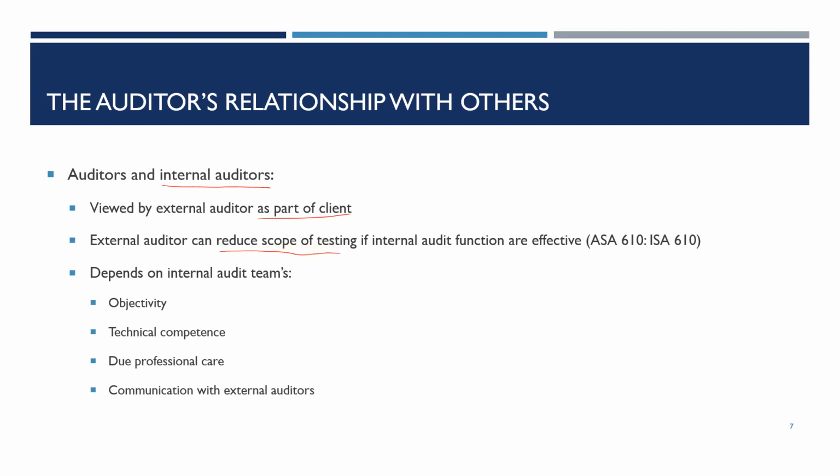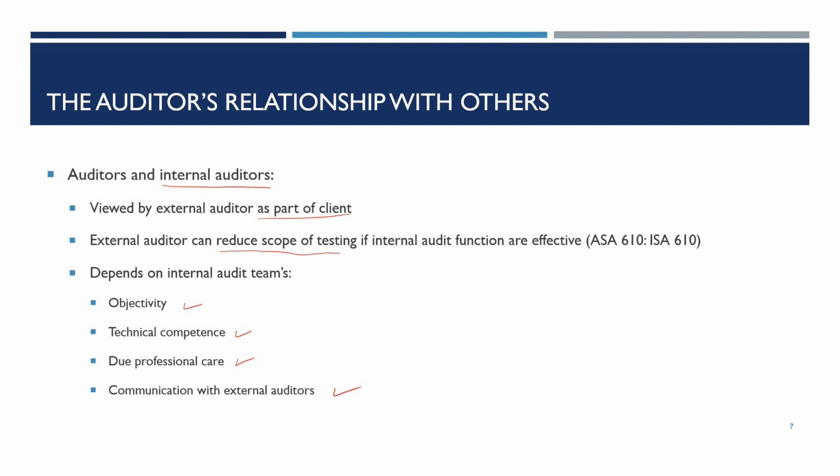If an external auditor intends to use the work of the internal audit function, they consider some internal audit characteristics such as the objectivity and the technical competence of the internal audit team, exercise of due professional care in the internal audit function, and communication with the internal audit team.